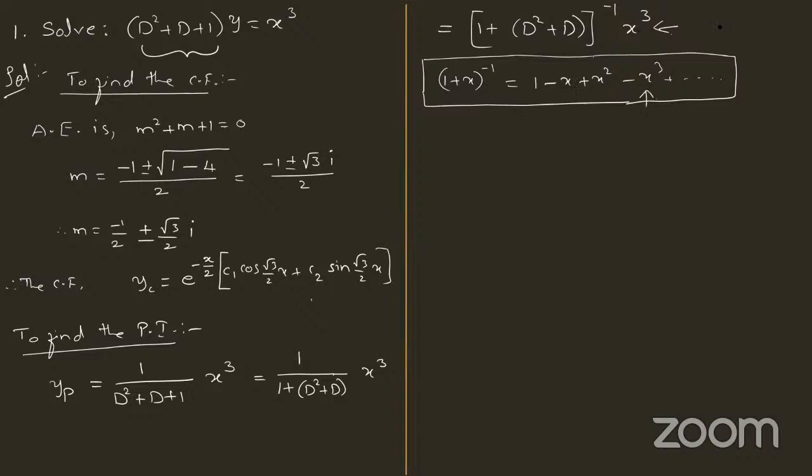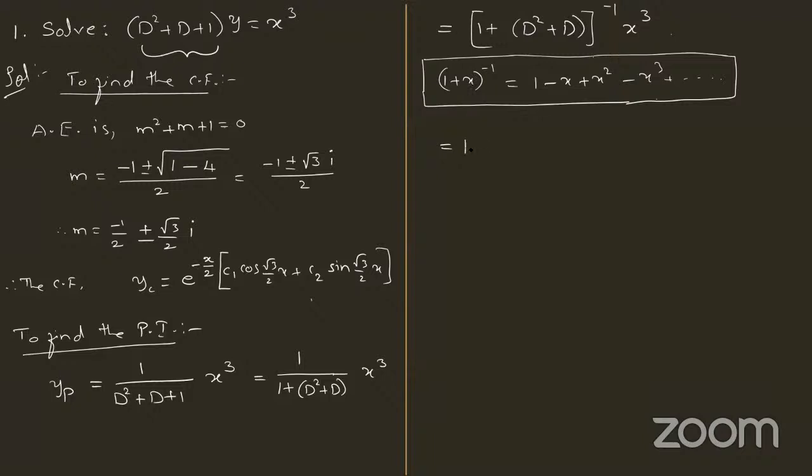For example, if you have x power 2 here, then it is enough to take up to the x square term. If it is x power 4, then you take up to the x to the power of 4 term. Following the function you are given on the right side, take up to the same term in this series. Keeping that idea in view, this is equal to, now understand, d square plus d is very much similar to x.